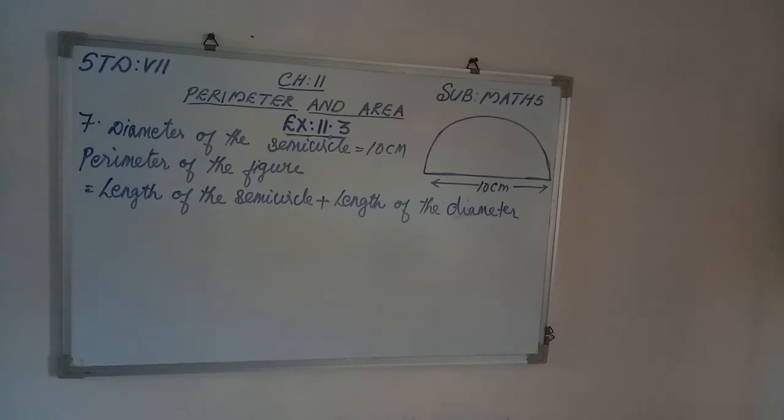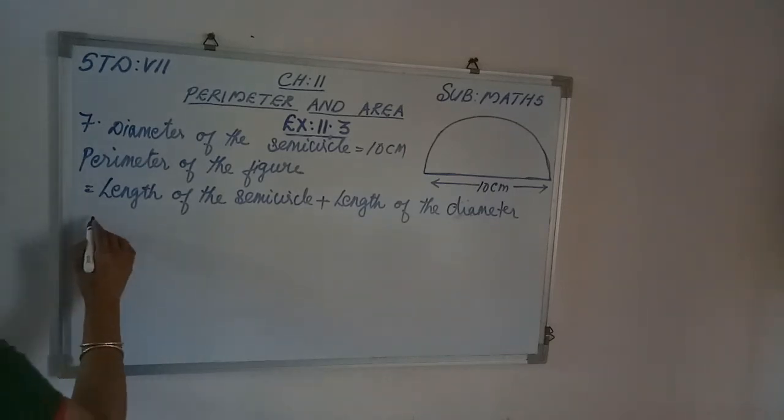Length of the semicircle, you know that it is the circumference of the semicircle. So how will you find out the circumference of the semicircle? Circumference of the circle is pi d. So circumference of the semicircle is pi d divided by 2.